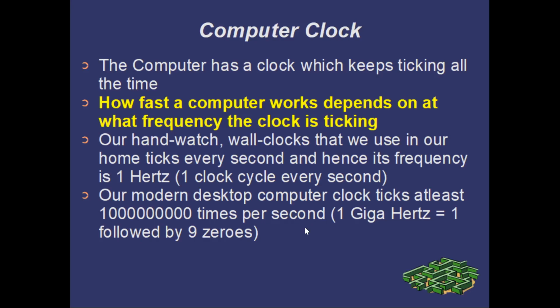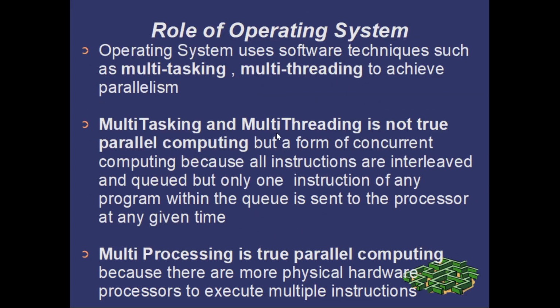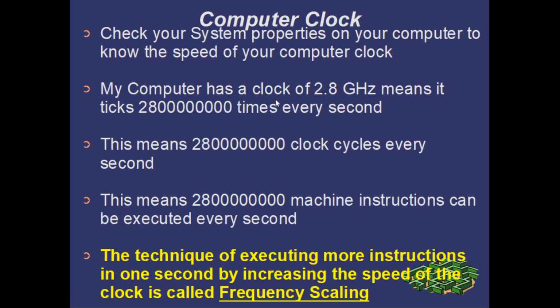For example, my laptop right now has a frequency of 2.8 gigahertz, which means it is ticking 28 followed by 8 zeros times every second. Every tick is one clock cycle, and every clock cycle one instruction can be executed. That is the way you need to calculate. One clock cycle equals one instruction, and if the clock is ticking 100 times in a second, that means 100 instructions can be carried out in 1 second.